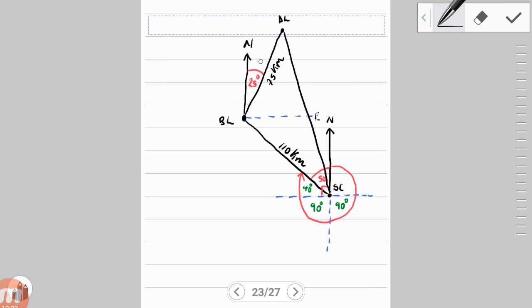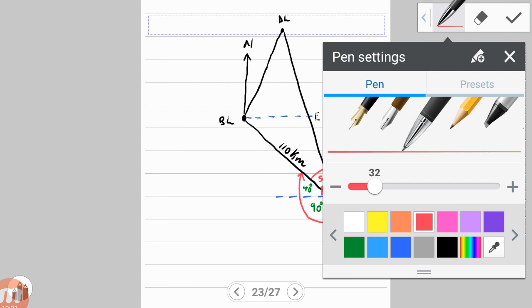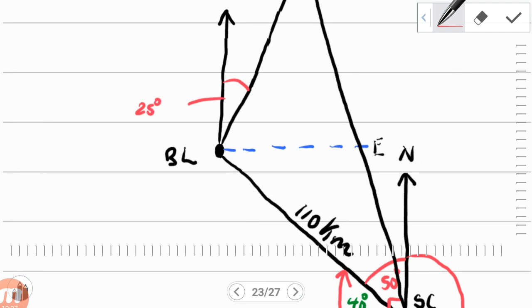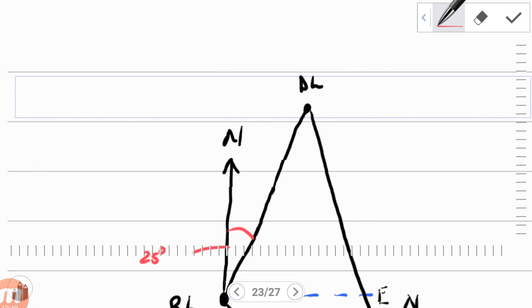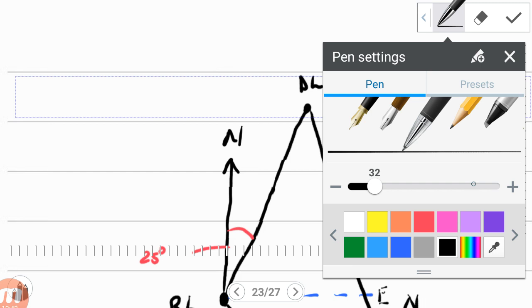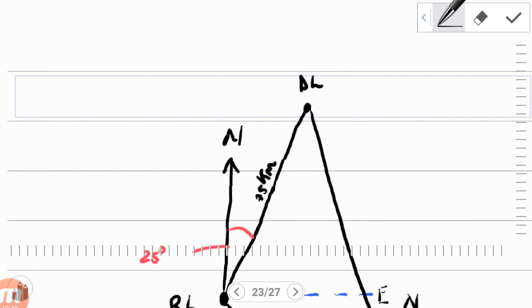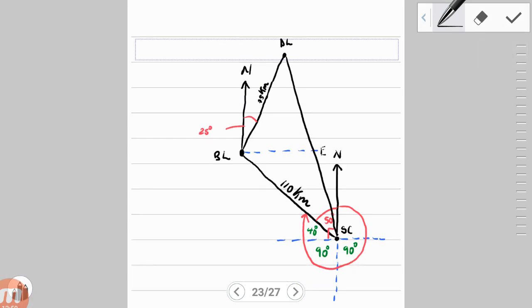Let me just indicate some smaller measurements here so that it's easier for us. Let's indicate our 25 degrees on the outside here, and then indicate our 75 kilometers right on the line here. Okay, that's good.